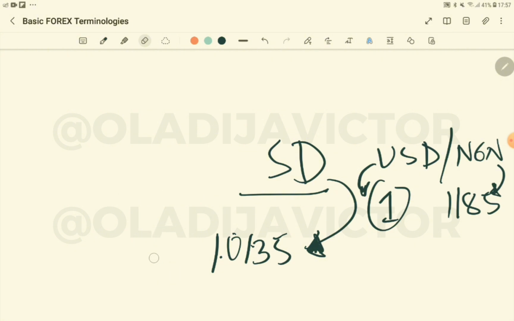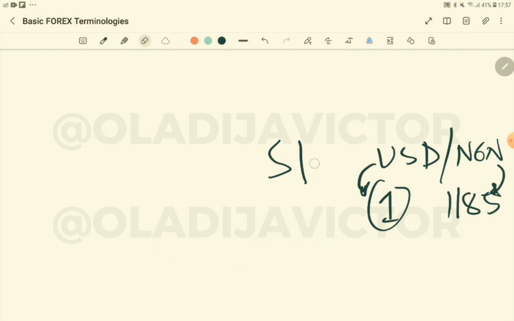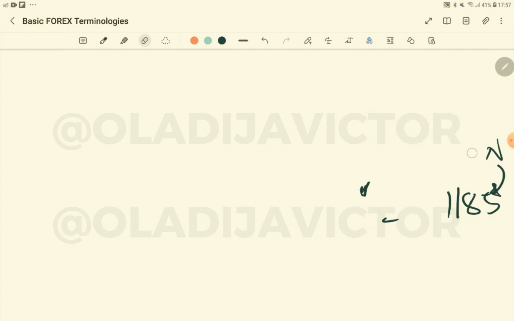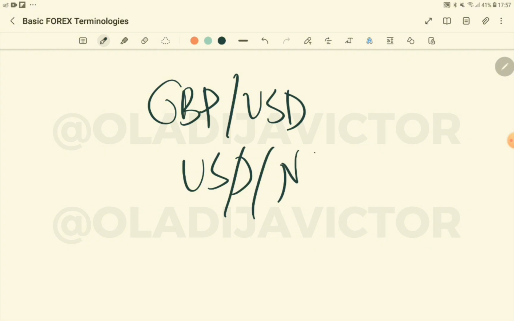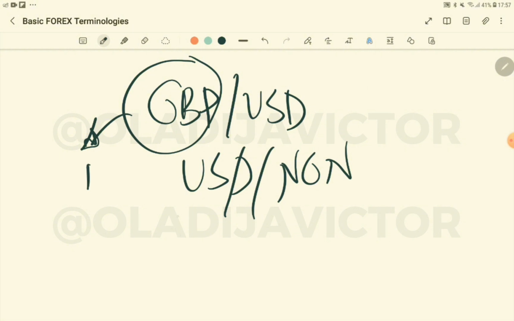So the essence of this is for you to know that every time you see a pair, GBP USD, USD NGN, the base is always 1. The quote is how much of this currency you will need to buy the base.